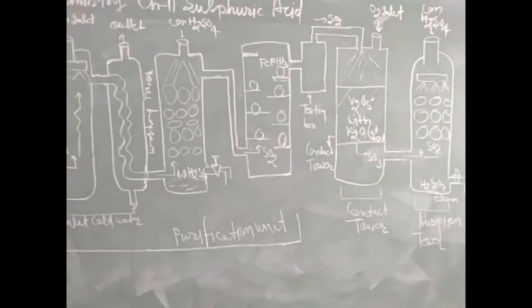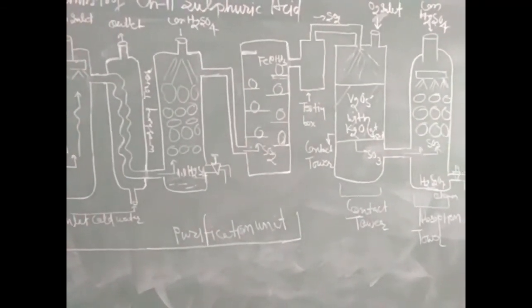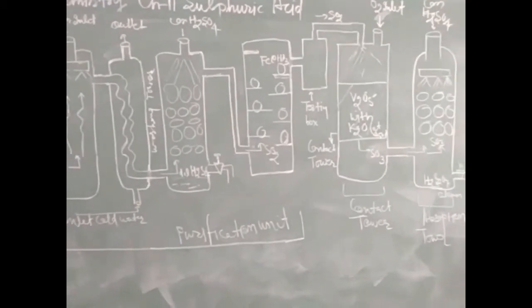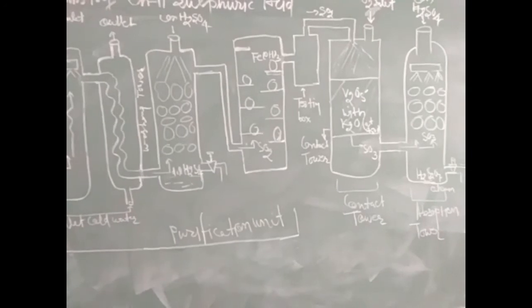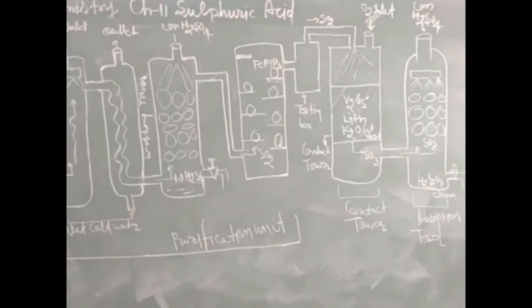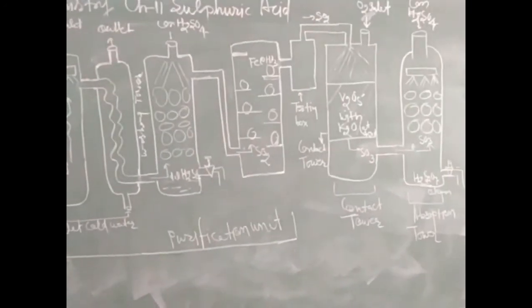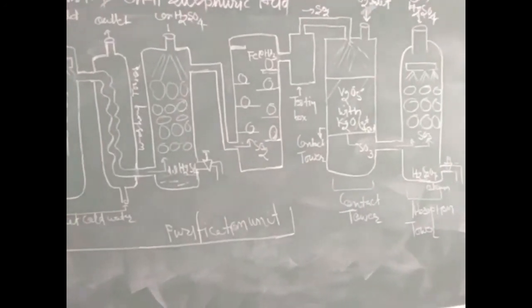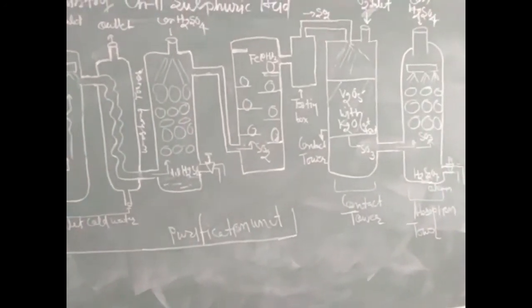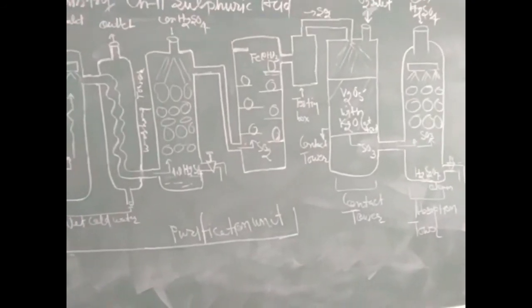We know that sulfur trioxide is not directly absorbed in water as the reaction is highly exothermic. Sulfur trioxide does not form a homogeneous mixture with water. A dense fog of sulfuric acid particles is formed, which may cause disease. That's why sulfur trioxide is not directly absorbed in water.